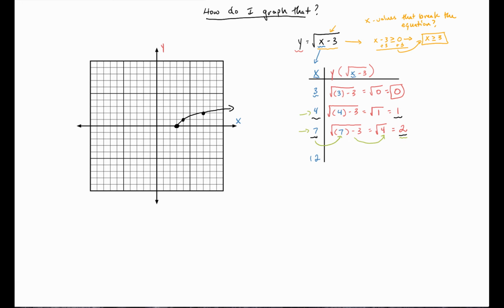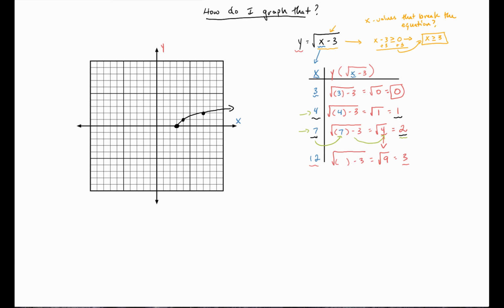I find it easiest here to say, well, I want a perfect square at this point. Notice my work's nice and organized, so it's easy for me to find that entry point. Well, what's the next perfect square? It is a 9, which will end up giving me a 3. So I know my point's going to be 12, 3. Okay, but let's work backwards. If that's the case, I know I have to use this relationship here.